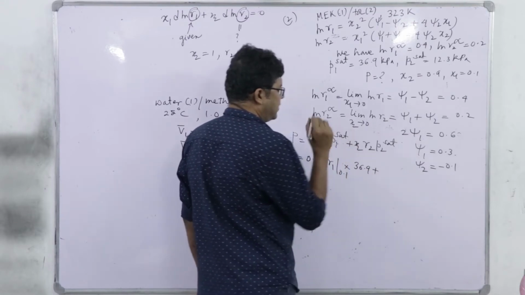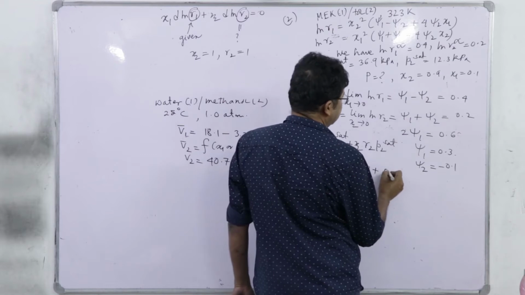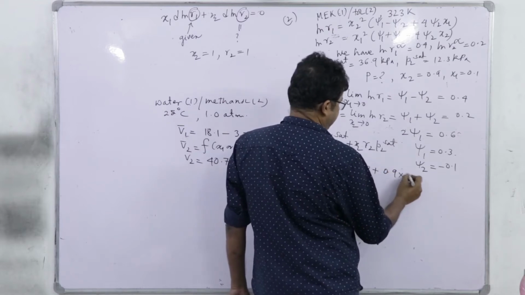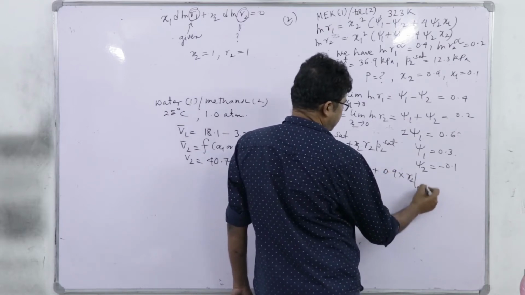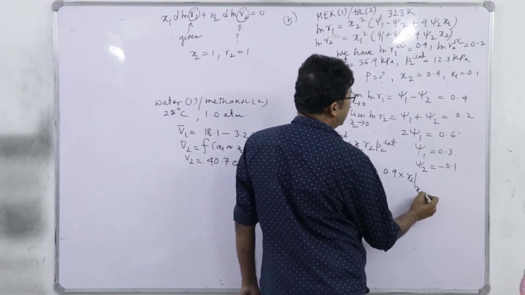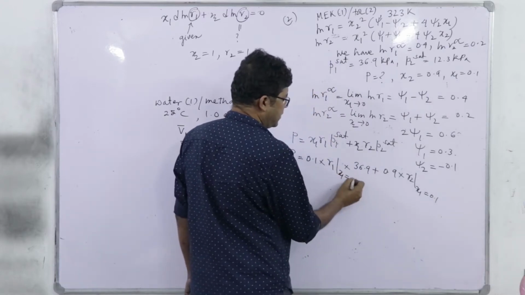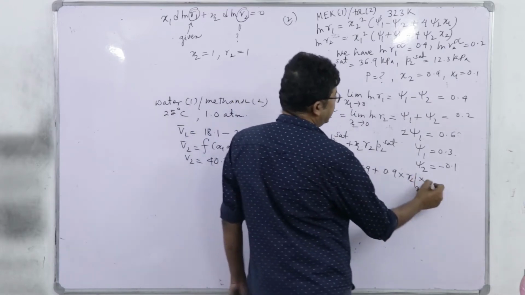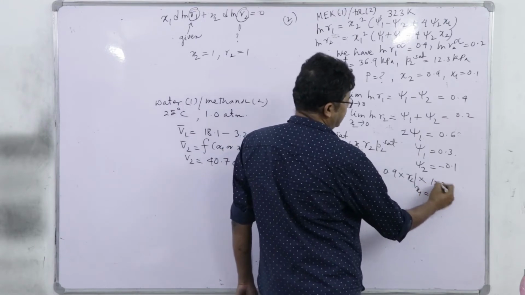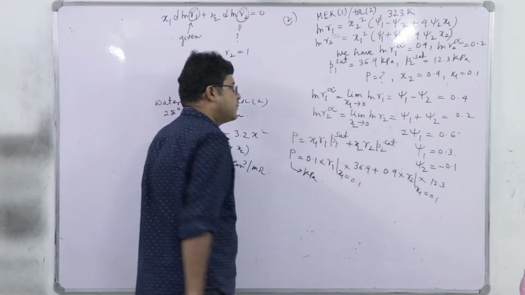We will keep it in kilopascal, so P will be in kilopascal, and this is 0.9 into gamma 2 at x1 equal to 0.1 and P2 sat, that is 12.3. So, I will get P in kilopascal, right.